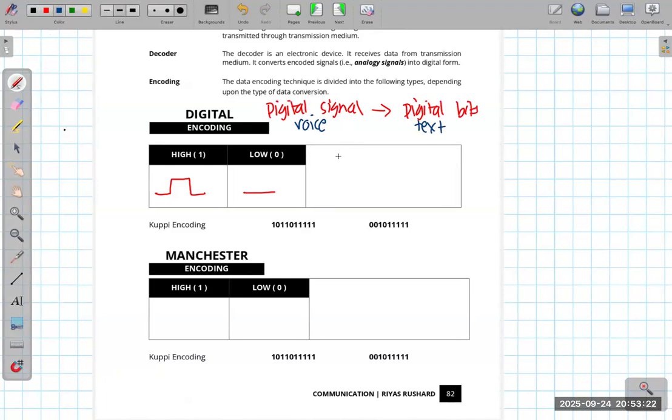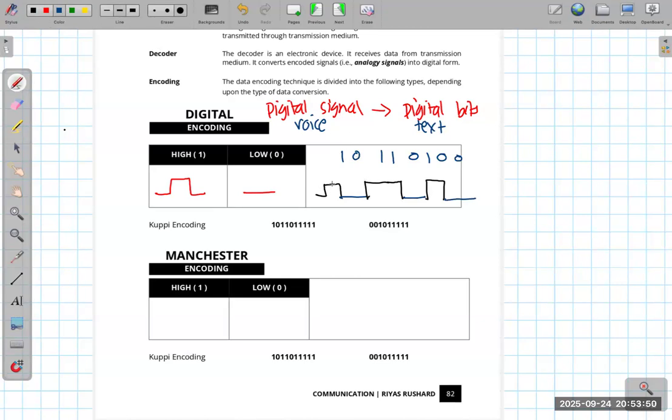So how do you represent 10110100? If it's a 1, represent it like this. If it's a 0, it goes down. If it's 1, it goes up, and then another 1. Then we have a 0, and if it's a 1, it goes up, and if it's a 0, it goes down.